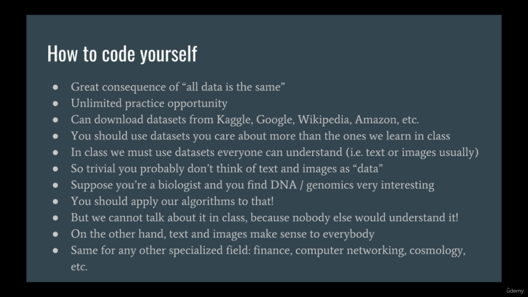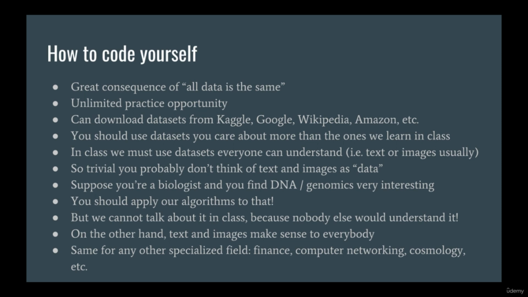But let's say you're a biologist and you know about DNA. You find DNA and genomics really interesting. So you want to use the algorithms we learn on that. Well, that's great and you should totally do it. Remember, all data is the same, so all you need to do is convert your data into the appropriate X's and Y's to plug into our machine learning algorithms.